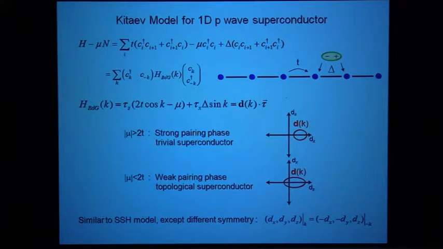Kitaev introduced this very simple and beautiful model of a one-dimensional p-wave superconductor, which you can basically think of as a one-dimensional chain of sites which have a hopping term on it, and there's a chemical potential term which sets where the Fermi energy is, and then there is a pairing term which adds a Cooper pair to a neighboring pair of sites.